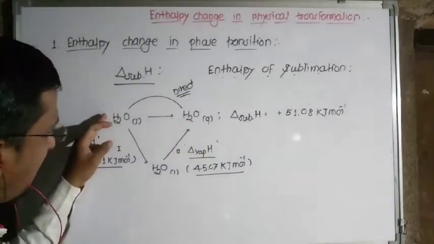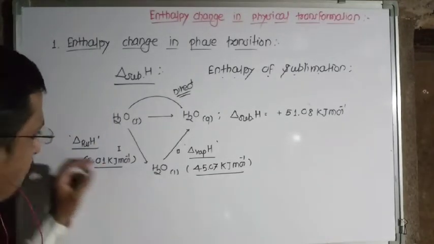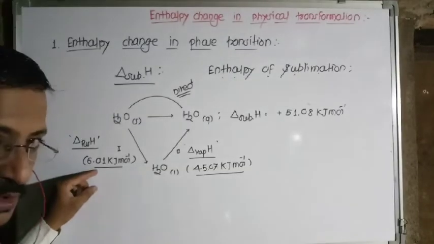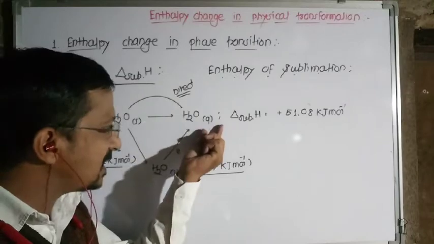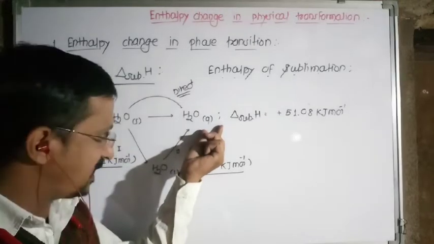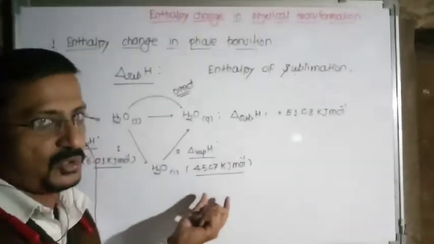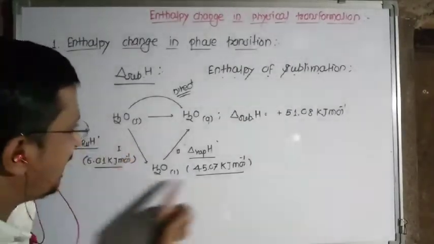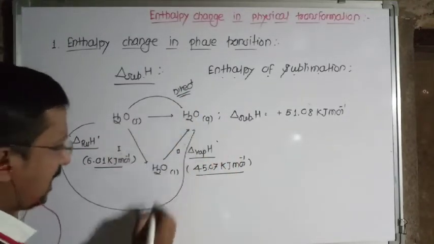But instead, if I convert this solid first into liquid state by the process of fusion, where the enthalpy of fusion is 6.01 kilojoule per mole, and after that convert the liquid into gaseous phase by vaporization, where the enthalpy change is 45.07 kilojoule per mole, then this is an indirect process.